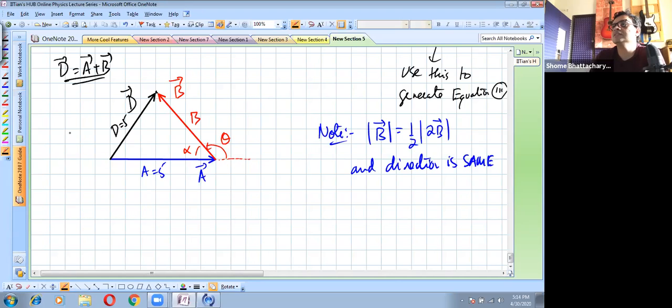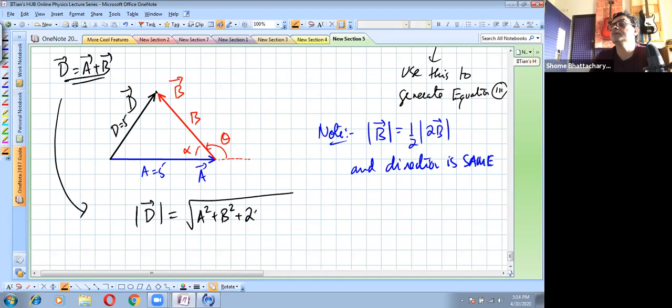So now, what is the relationship between these? Since D is equal to A plus B, we have the relationship that mod of D is, by triangle law, root of A square plus B square plus 2AB cos theta. Now in this, cos theta will become minus cos 180 minus theta.